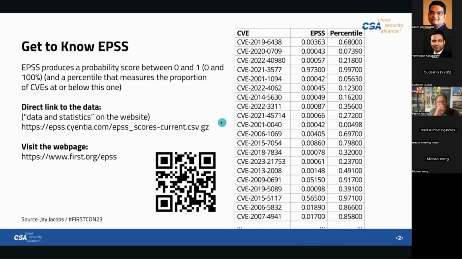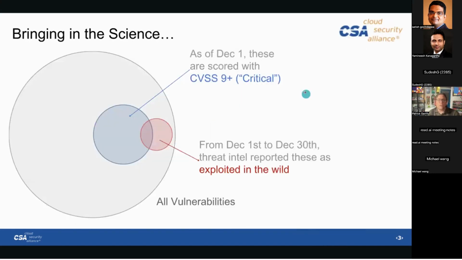So if we hop in and take a look at this, taking a step back, the circle is all vulnerabilities, the gray circle in total, right? And this is data from December 1st.